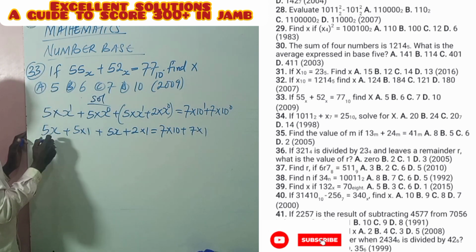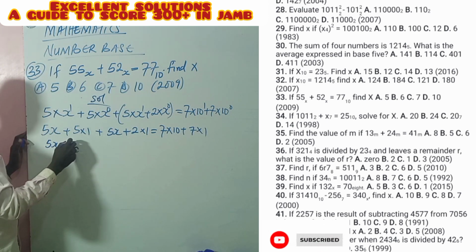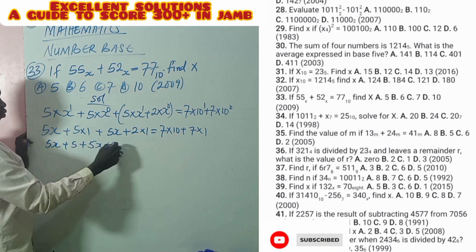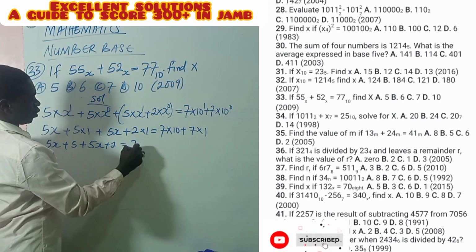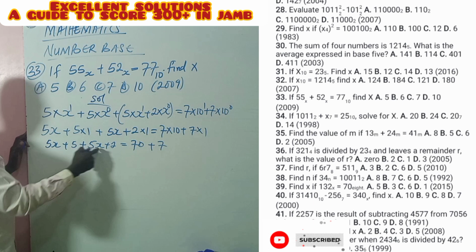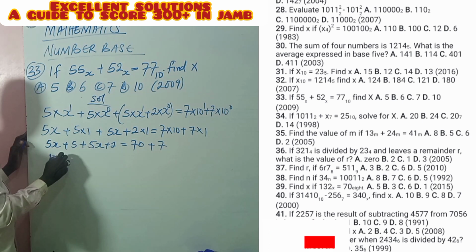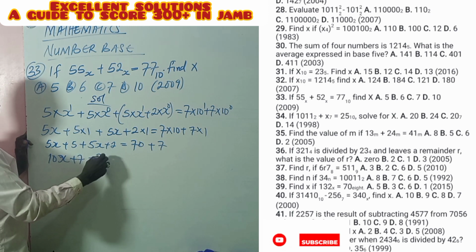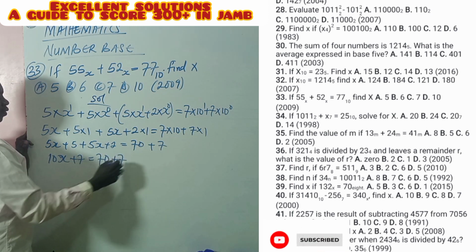So we have 5x plus 5 plus 5x plus 2 equals 7 times 10, we have 70 plus 7. 5x plus 5x, we have 10x plus 7 equals 70 plus 7.